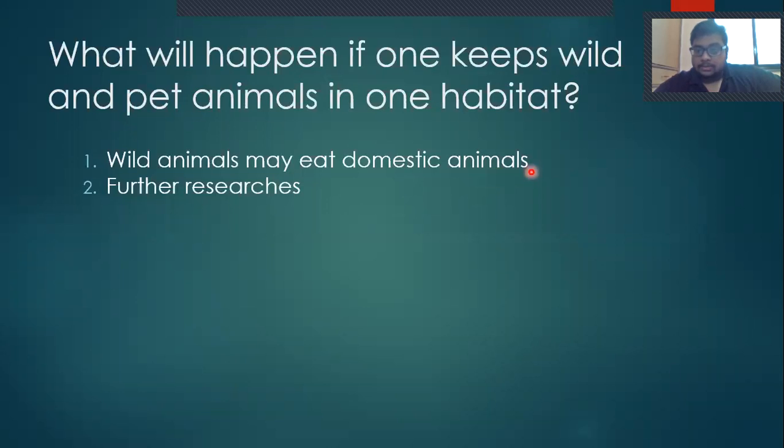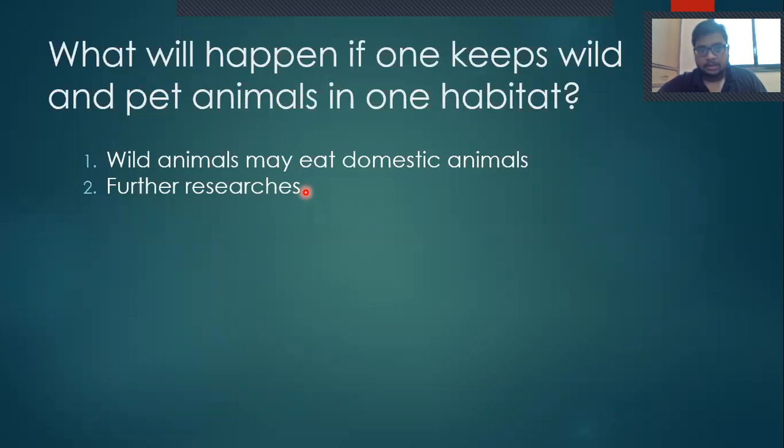But you know, that is not just the end. In recent years, scientists have done further research where they kept the children of wild animals and children of pet animals together. Like let's say a cub of lion, the child of lion, a small child, and a small dog.